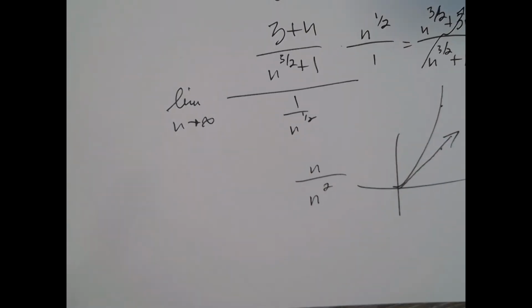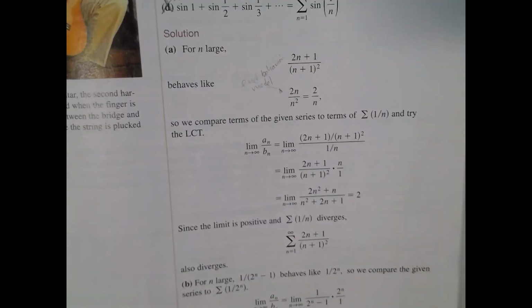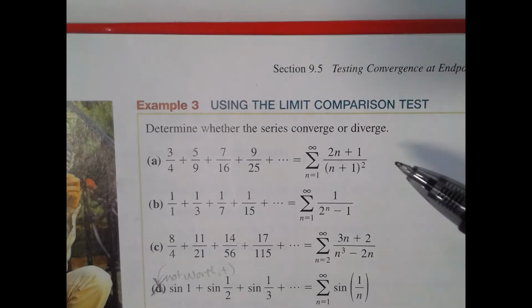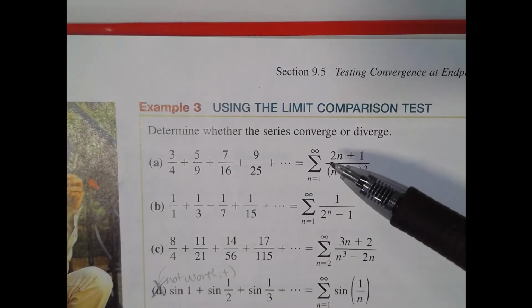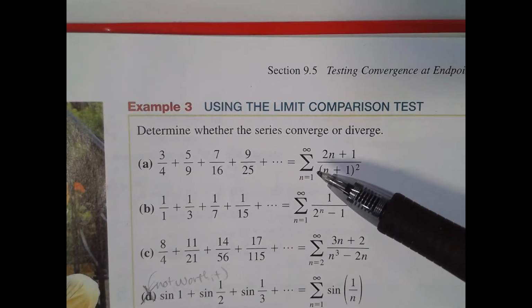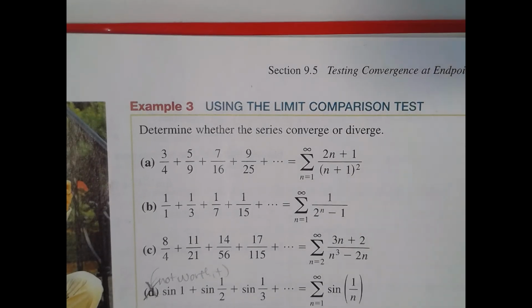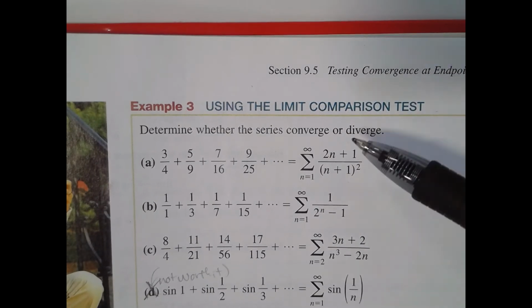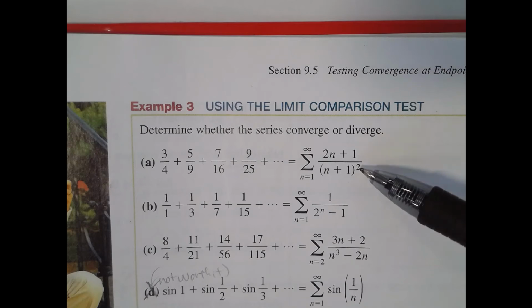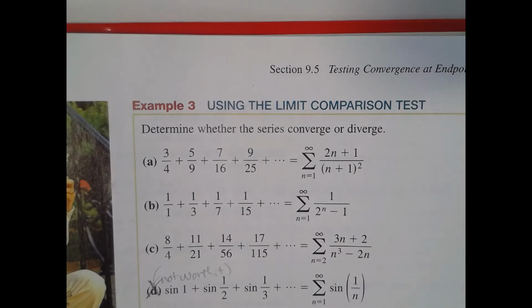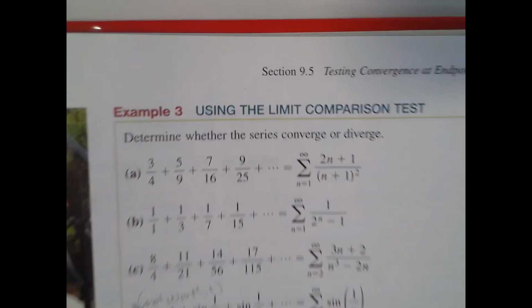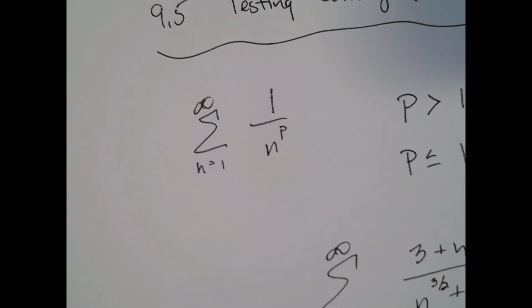Okay, so example 3 out of the book, limit comparison test. Right here, determine whether the series converges or diverges. I look at that, and I think n over n squared. It doesn't matter the number, the constant out front, because all that's going to do is change whatever limit you end up getting.